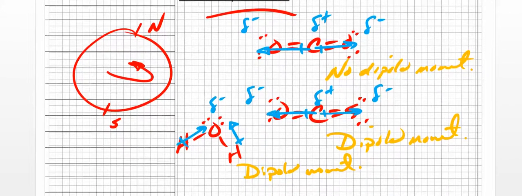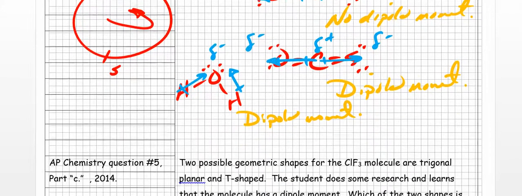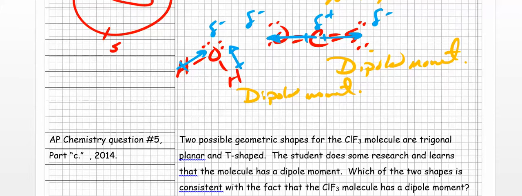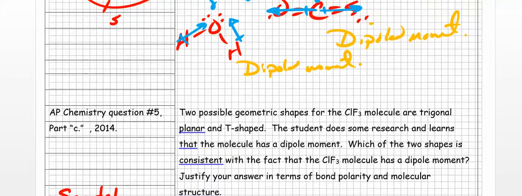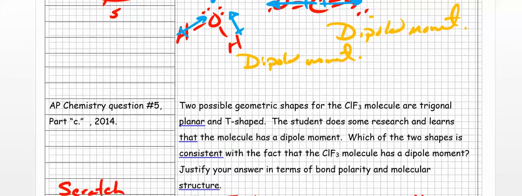Now let's take a look at a question from the 2014 AP chemistry examination. If we can answer this, then we're going to be in good shape. All right. So it says two possible geometric shapes for the ClF3 molecule are trigonal planar and T-shaped.